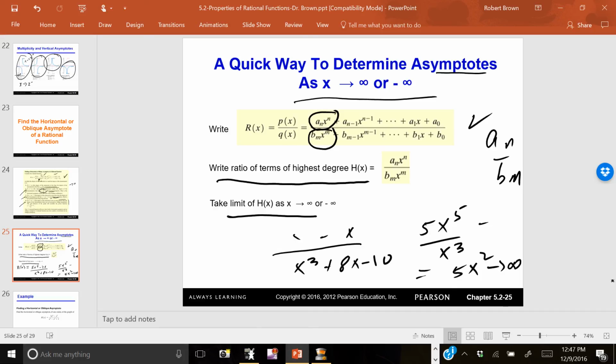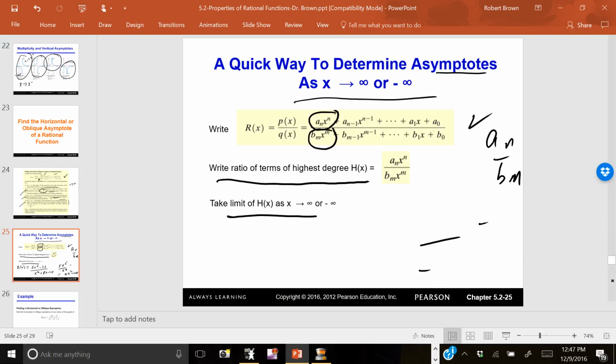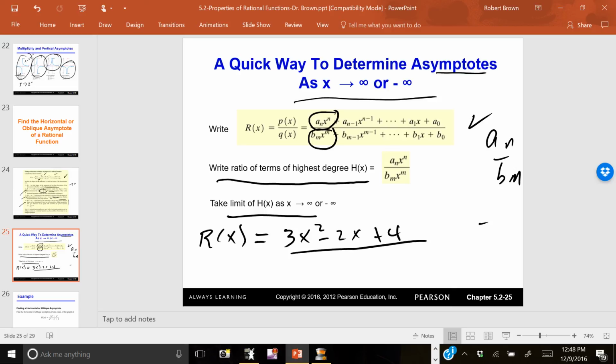One more example. If r of x were equal to 3x squared minus 2x plus 4, and the denominator was equal to 5x cubed plus 12x squared, we could write the dominant terms as 3x squared over 5x cubed equals 3 over 5x.